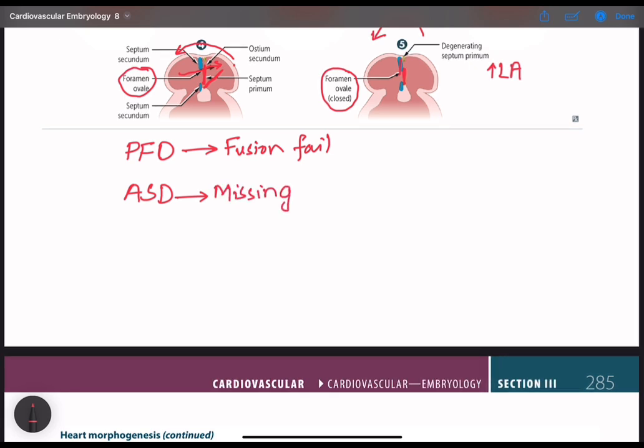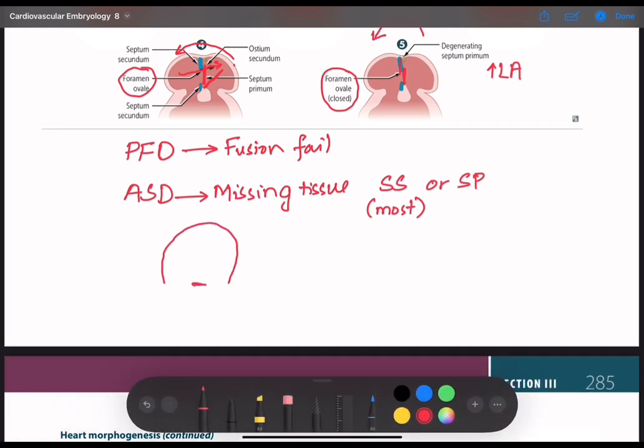It can be either septum secundum or septum primum, but septum secundum type is the most common. If we look at, this is dorsal endocardial cushion, and septum secundum shown by black color and septum primum shown by blue color.